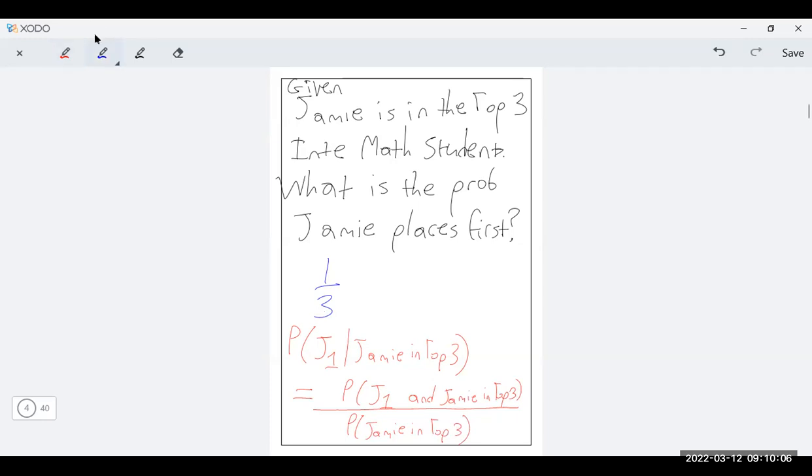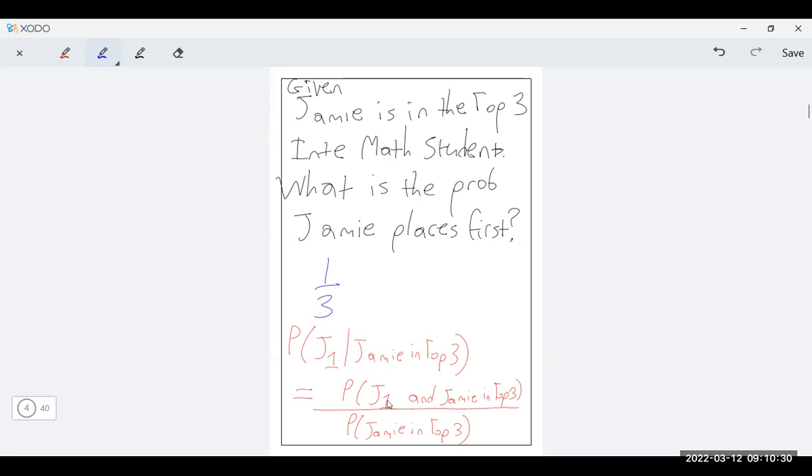Now, the probability of Jamie coming first and being in the top 3, as we already said, would be 1/11. And the probability of Jamie being in the top 3, well, there are just 3 students, so 3/11. And that's how we get the 1/3 utilizing this formula.